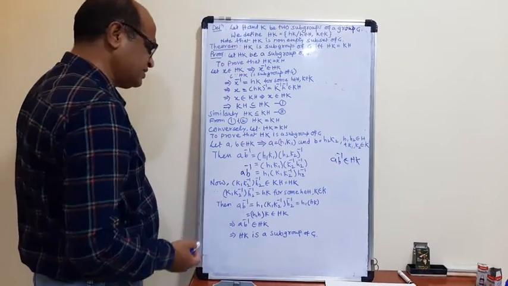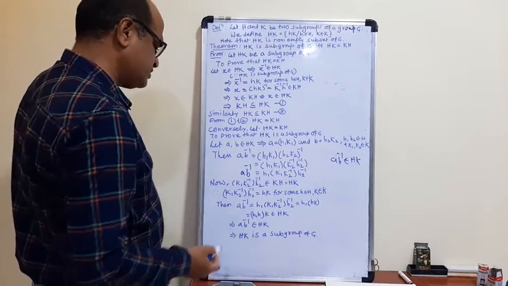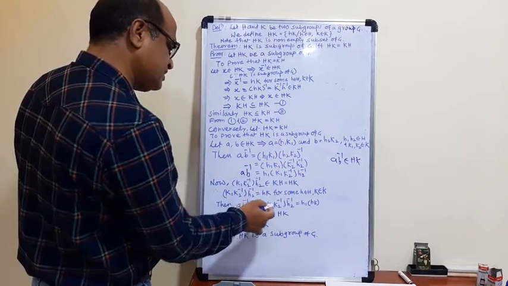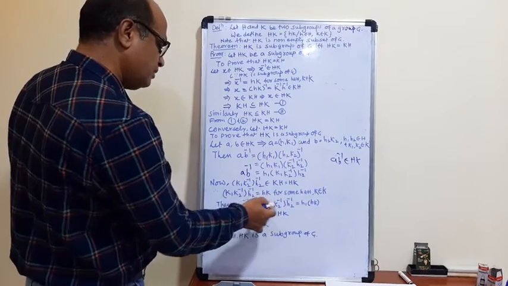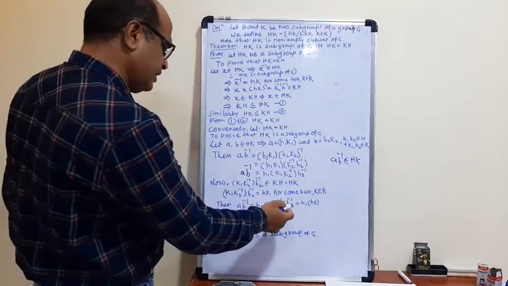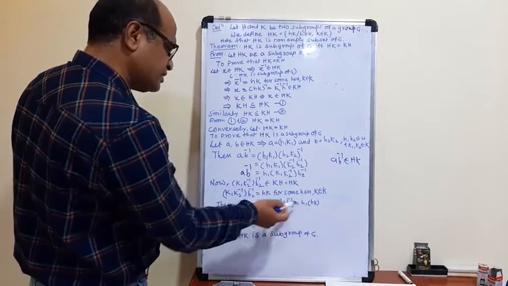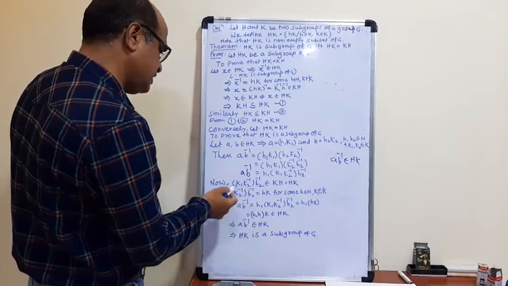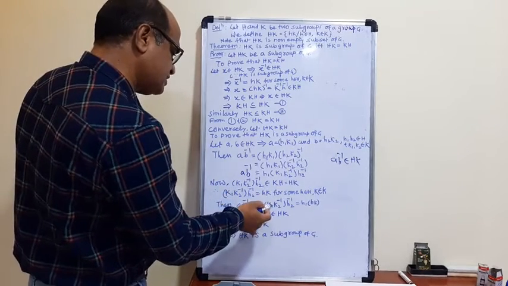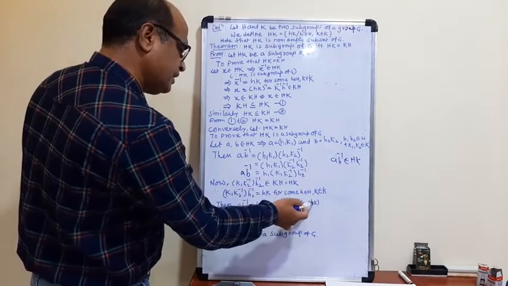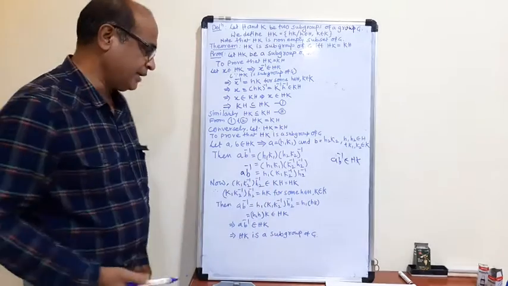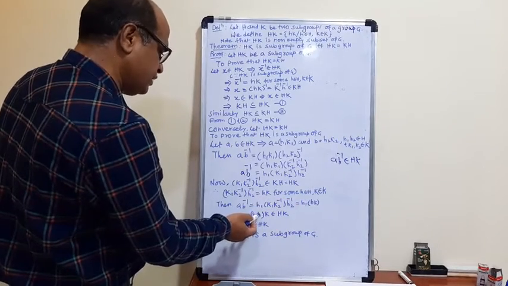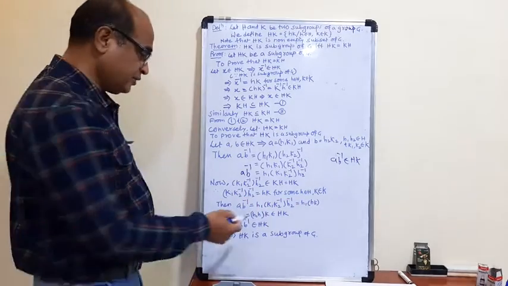Then AB inverse is H1 as it is, into this element, which is hk. So AB inverse can be written as H1 into h into k.